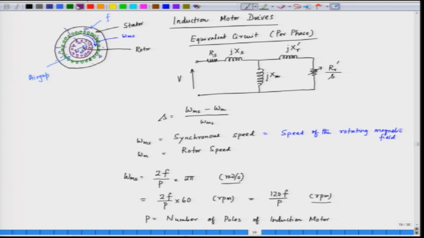We have already seen that this is the equivalent circuit, which is the per phase equivalent circuit. Although we have 3 phase, we can draw it per phase, which is sufficient to do the calculation. Now, this is the magnetizing reactance. This magnetizing reactance can be sometimes moved to the input side.